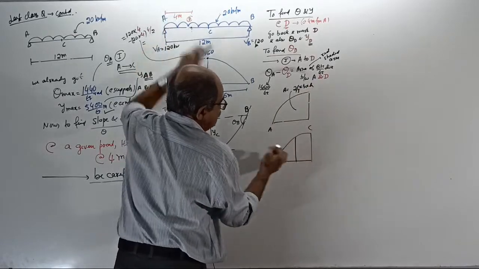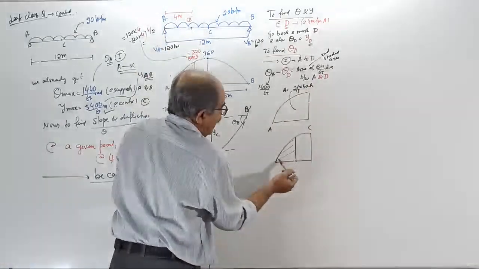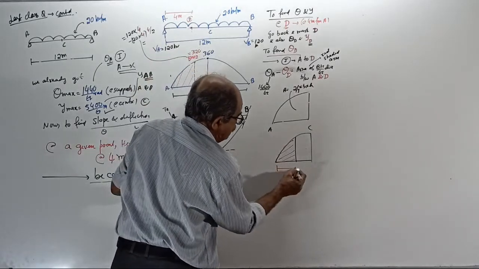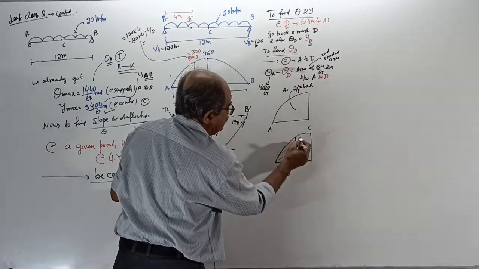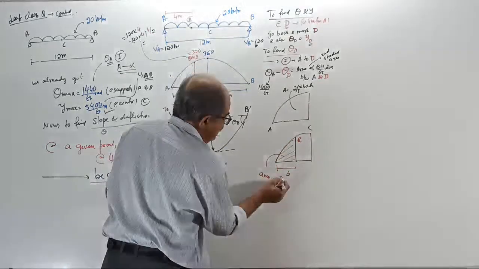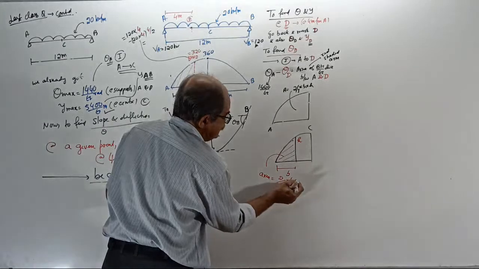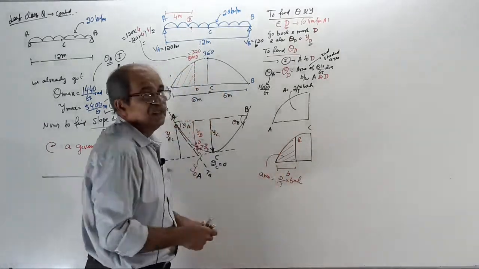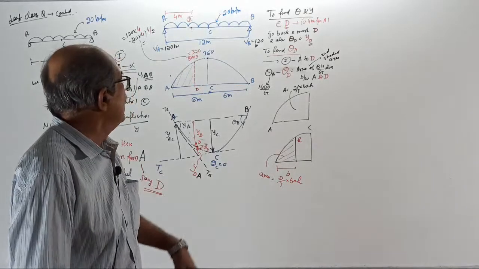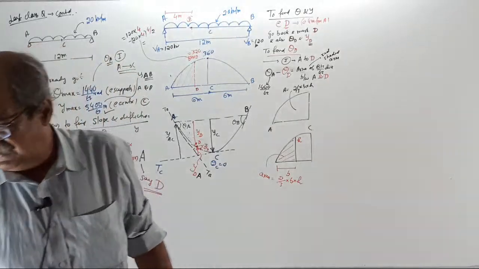Suppose by chance you want the red color area, people will tell you take that much as the base, that much as the height, and tell area equals, once again, 2/3 base into height. Yes or no? You make all this note.